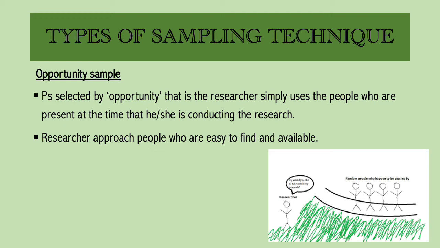If they say yes, that would be the participant. So usually the researcher would approach people who are easy to find and available. We call this opportunity sample, using anyone that is free, present, and available during that time. Okay?